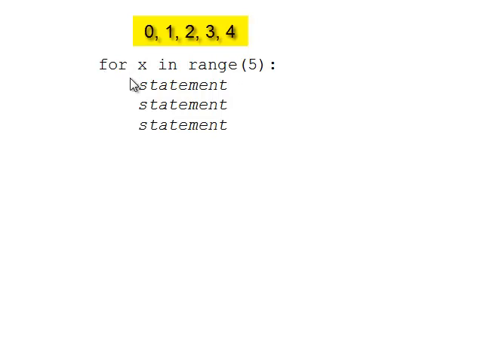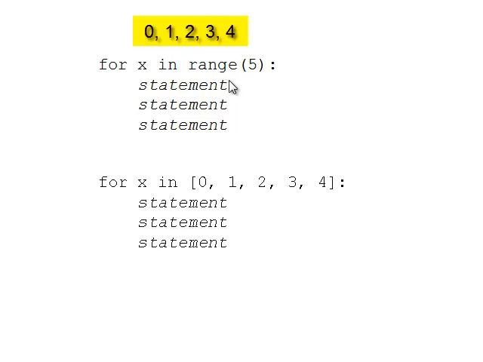So when this loop executes, since there will be 5 values in the sequence, this loop will execute 5 times, and the variable X will be assigned the values 0, 1, 2, 3, and 4. So in other words, this loop will work just like this loop.